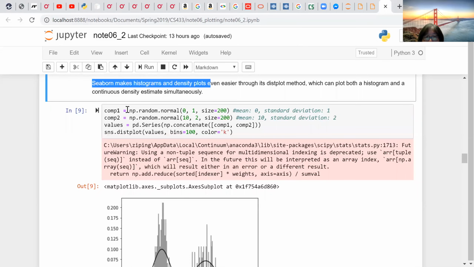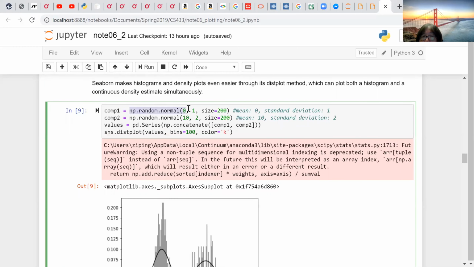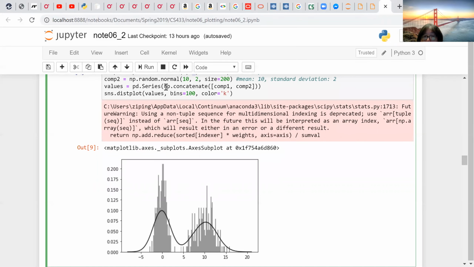For this example, we first generate some random numbers, 200 of them, with a certain mean and a certain standard deviation. We have two random groups generated, and then we combine them. After that, we use Seaborn's distribution plot on the values and specify the bins as 100.